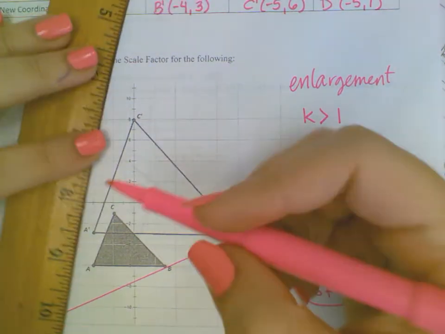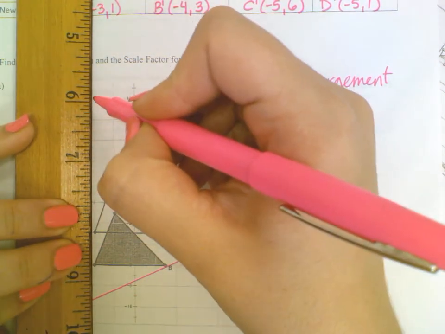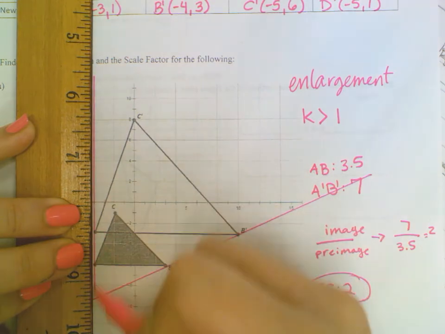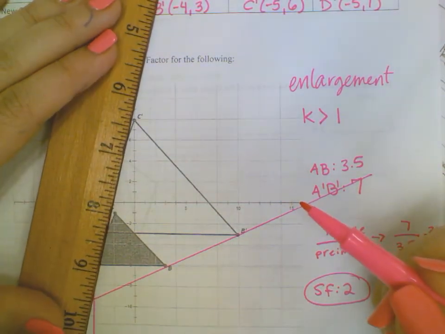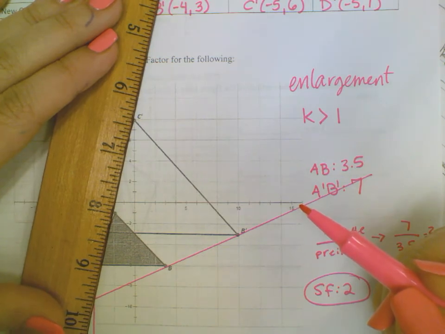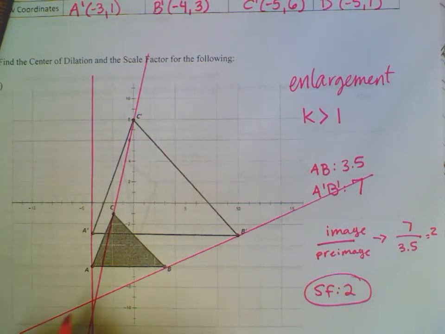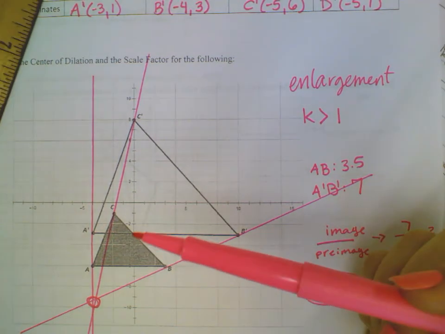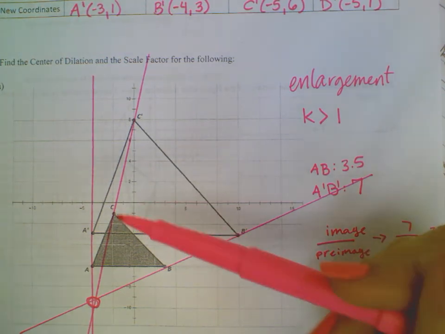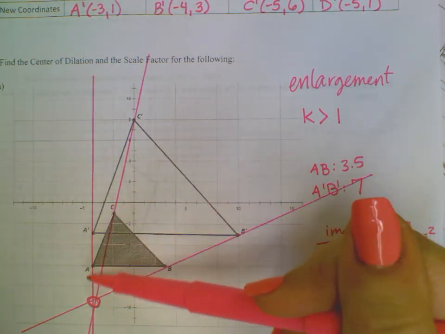I'll do the same thing for A and A prime, and for C and C prime. So everything intersects about here, which means that my center of dilation is going to be at -4, -9.